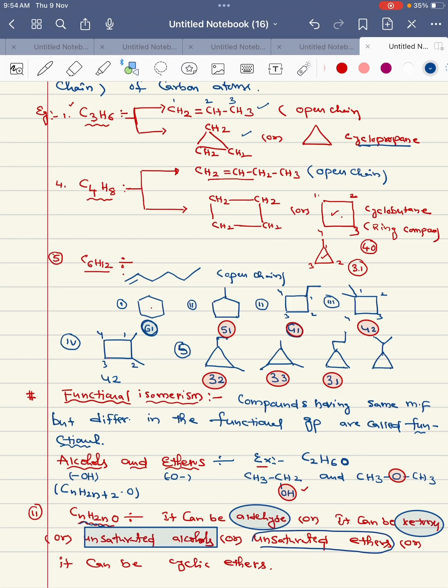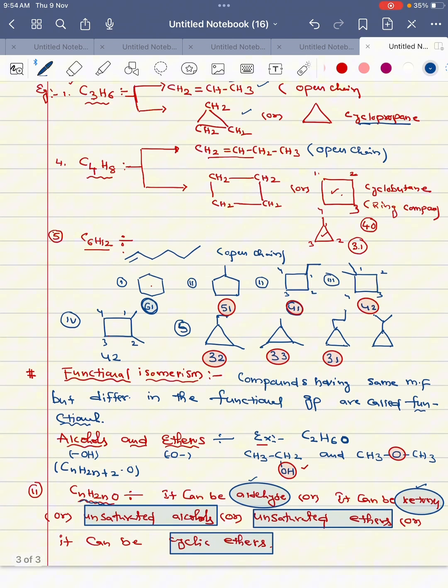Unsaturated ethers also will come, and it can be a cyclic ether also. So my dear students, with the molecular formula CnH2nO, it may be aldehydes, ketone, unsaturated alcohols, unsaturated ethers, or cyclic ethers also.